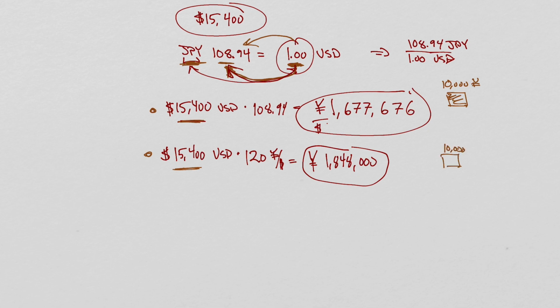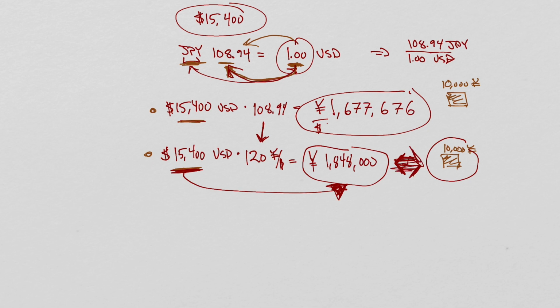In either case, they still buy the TV, but look at how much further their money goes when the yen is at 120. They can buy way more TVs because that same 15,400 stretches to a larger amount of Japanese yen, enabling them to basically buy more stuff in Japan.